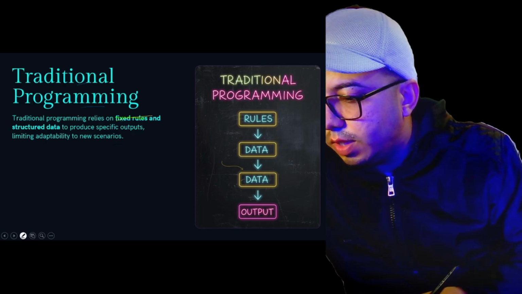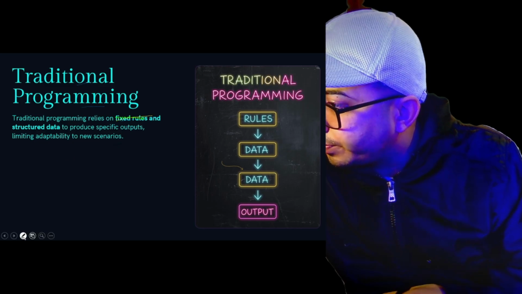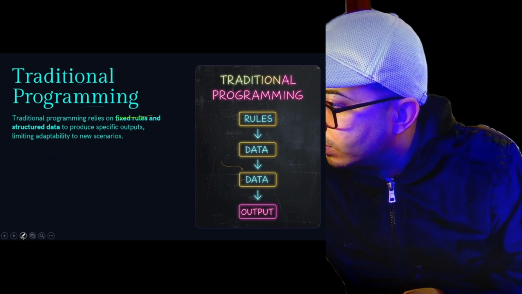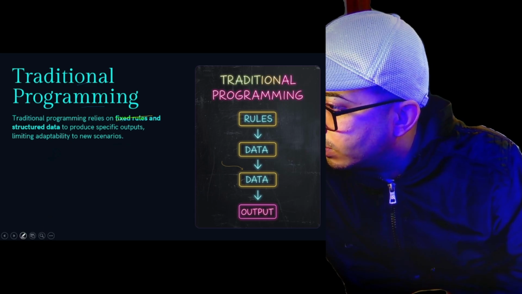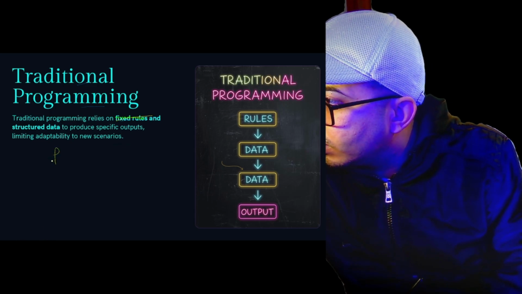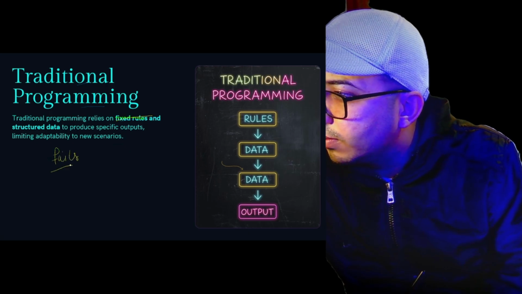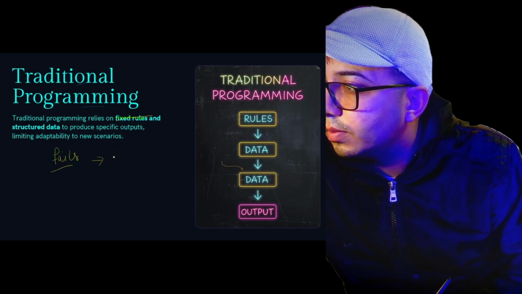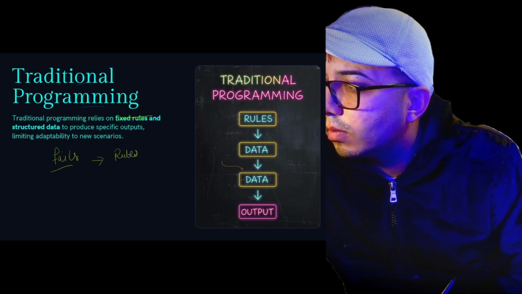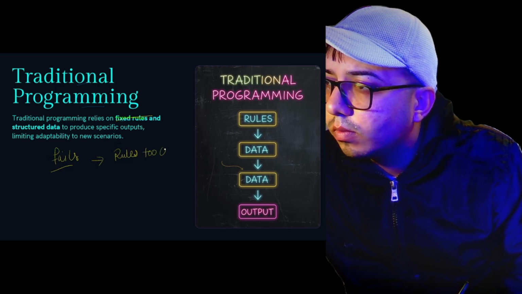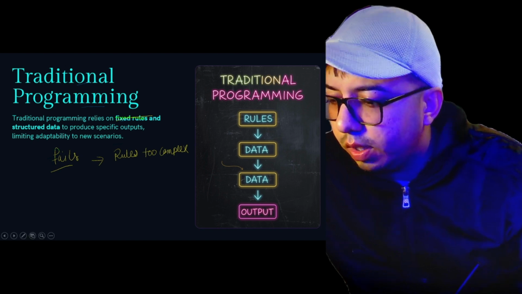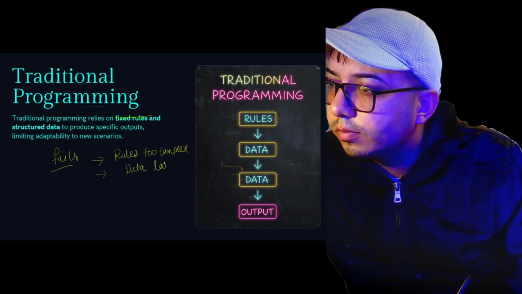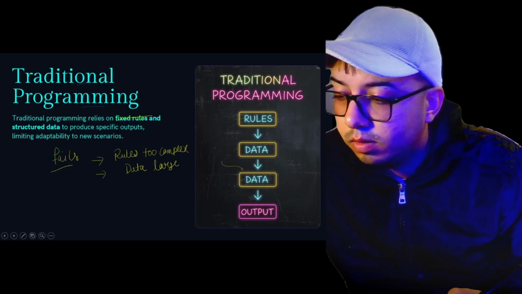So now where the problem comes in: traditional programming fails when rules are too complex, and the data becomes very large, and patterns are not obvious.